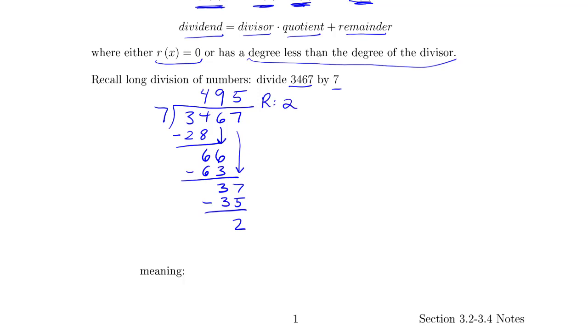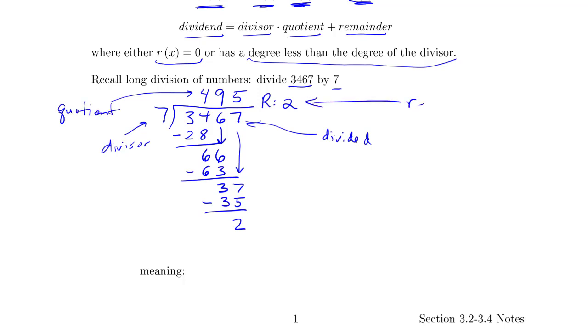So that's the division we're talking about. In terms of terminology, this 7 was the divisor, going into 3, 4, 6, 7, the dividend, and we got 495 as our quotient with 2 as our remainder.